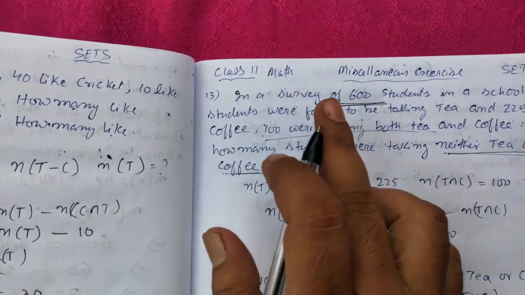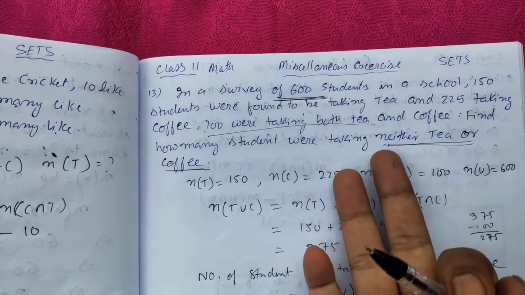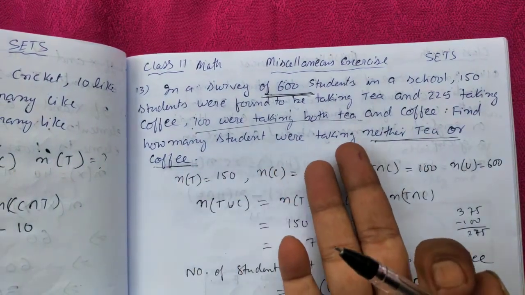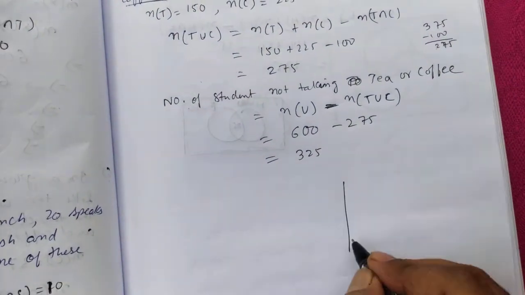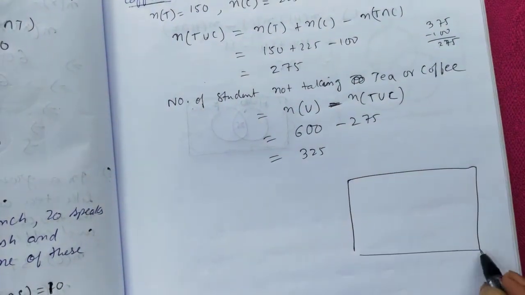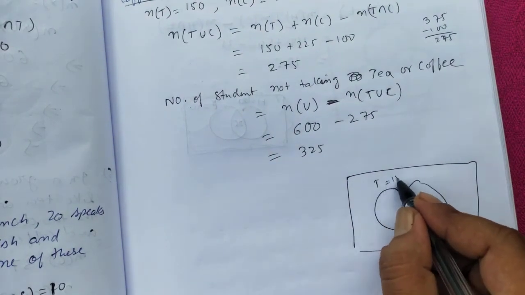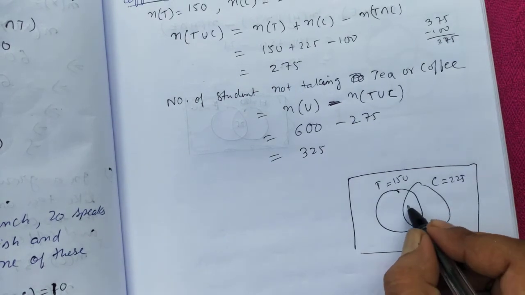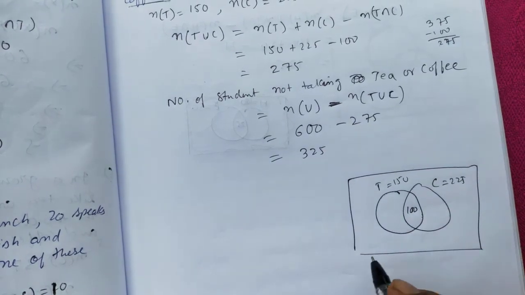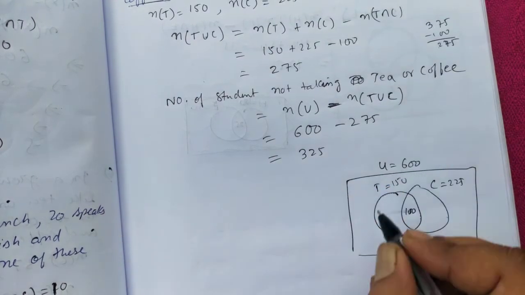But in this question, they did not say that every student likes tea or coffee. That's why the question comes, how many students were taking neither tea nor coffee? That means the universal set is involved for this question. Suppose this is tea. Tea is 150. Coffee is 225. And the common is given as 100, who like both. And overall students U is 600.